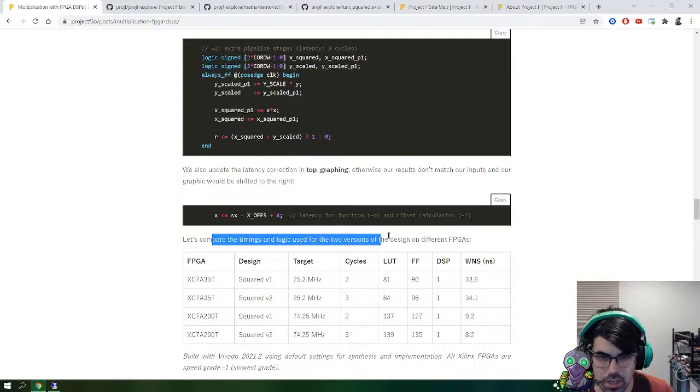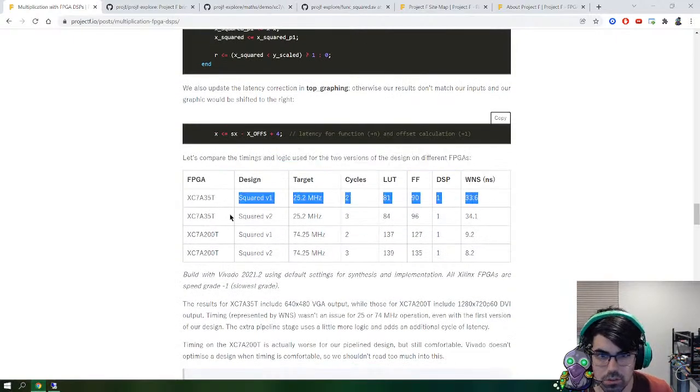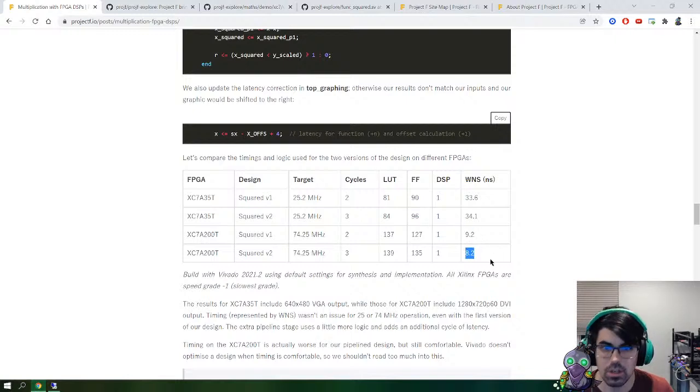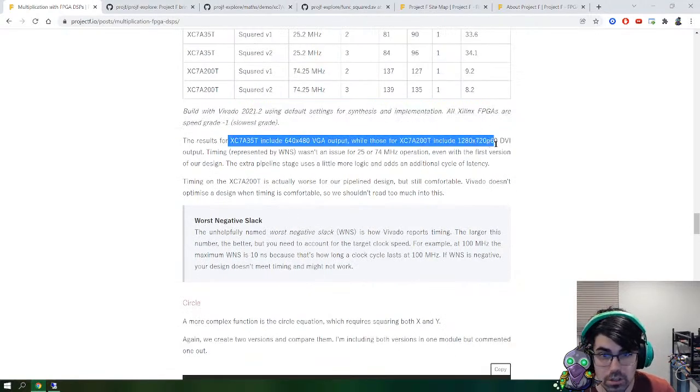Let's compare the timing and logic for the two versions of the designs on different FPGAs. Squared 1, squared 2. Target, okay. Cycles. No, using the newest Vivado. Good for you.